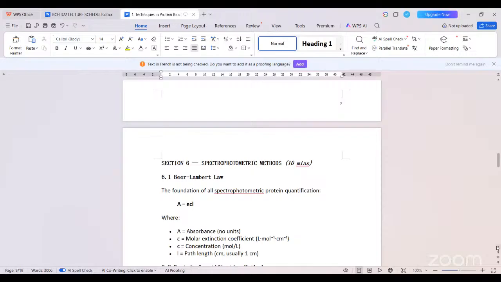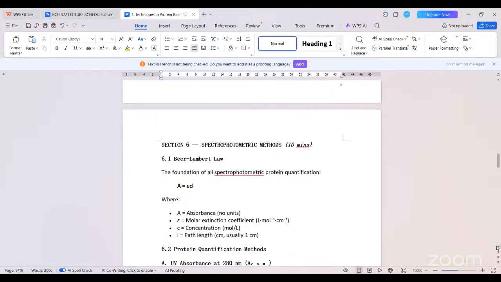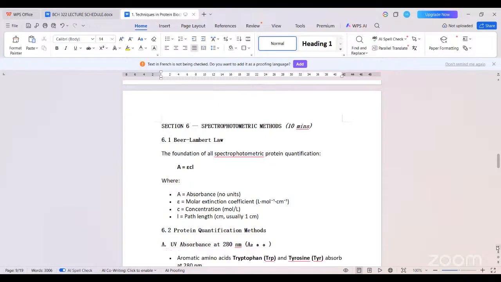This method follows Beer-Lambert's law, which says that absorbance is directly proportional to the molar extinction coefficient and the concentration of the sample. So these are the various separation methods that are used.